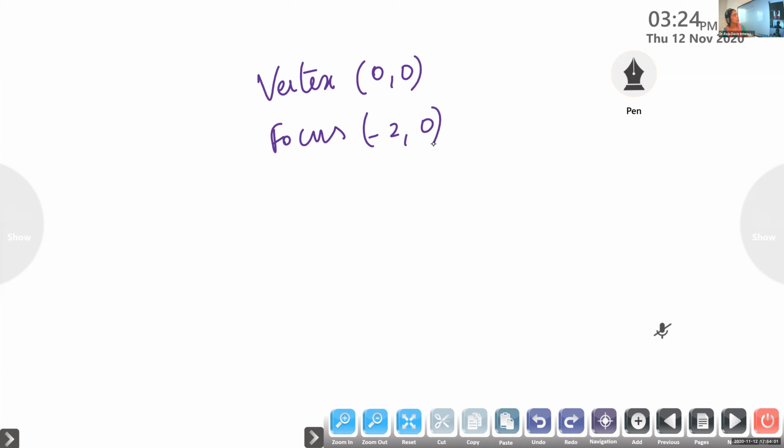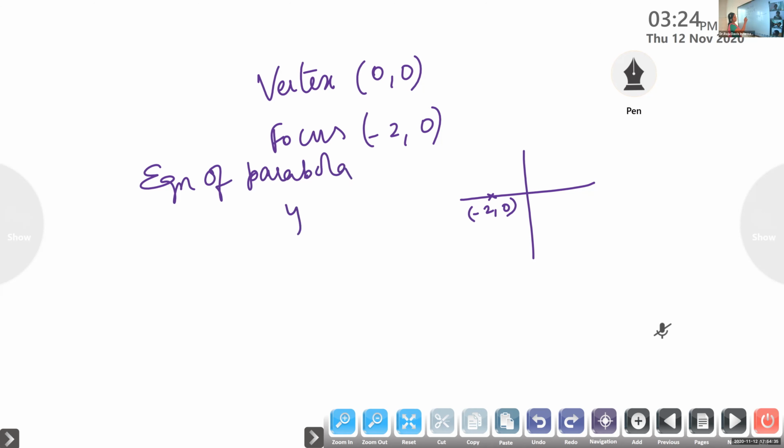The focus lies on the negative x-axis, isn't it? So the equation here, Aishwarya, will be y square is equal to minus 4ax.